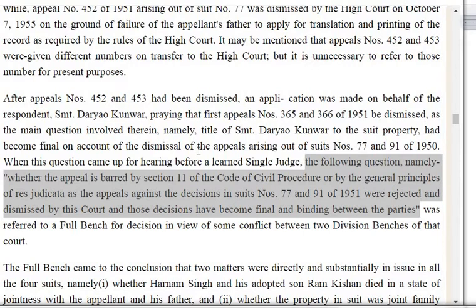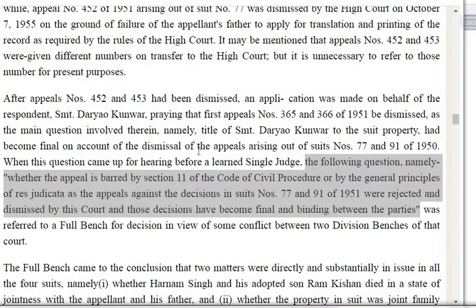So for the one dismissed on technical grounds, can you say that the suit was heard and finally decided? So first, can you talk about the former appeal as a former suit? Number 1, you talk about the former appeal or former suit, and number 2, can you say even though it was dismissed on a technical ground, it was heard and finally decided? So these are the two issues before the court.